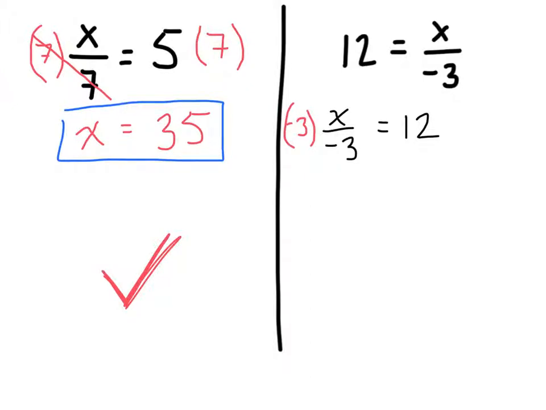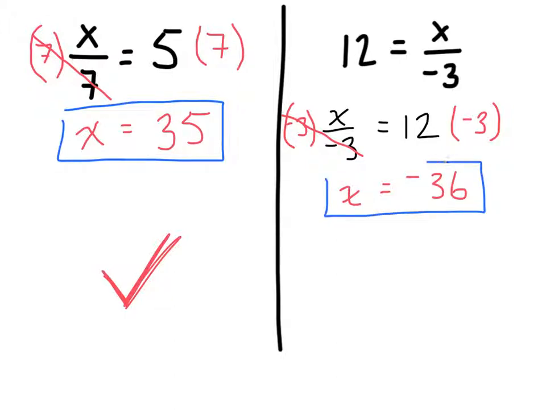So if we multiply negative 3 on the left side of the equation, we have to multiply negative 3 on the right side of the equation. So if we go back to the left side, the negative 3's cancel out, and all that we have left is x. So x is equal to, now what do we have as 12 times negative 3? Remember, a negative times a positive. The answer is always going to be negative. Now 12 times 3, the answer is going to be 36. So our answer is x is equal to negative 36.